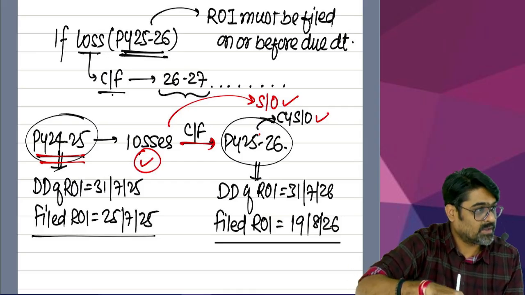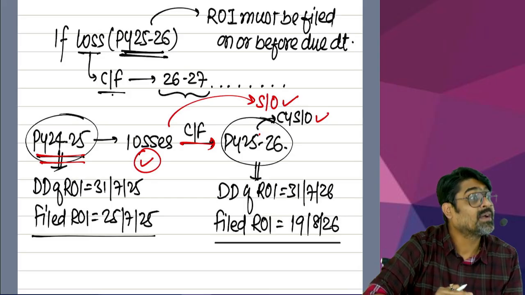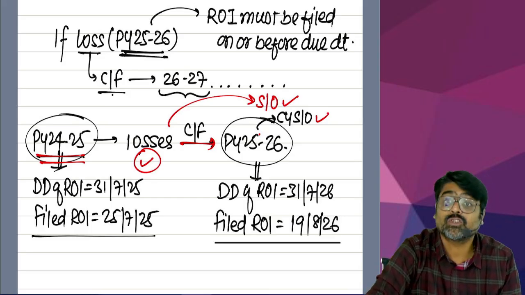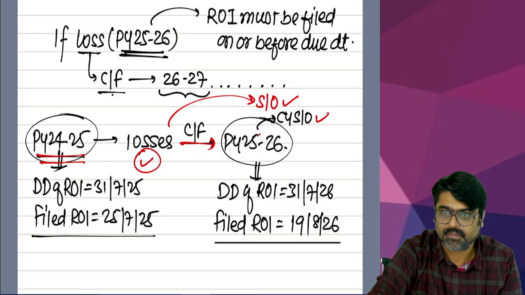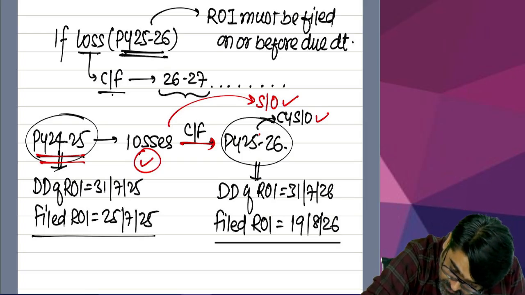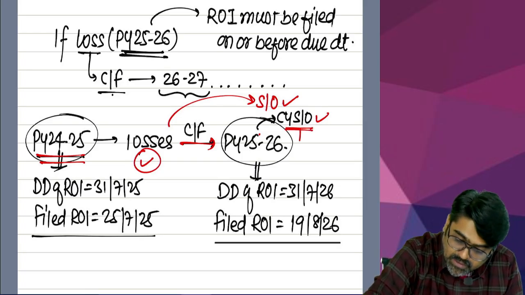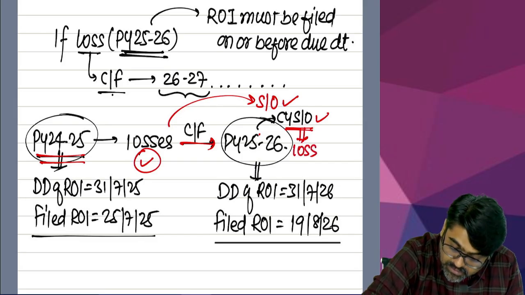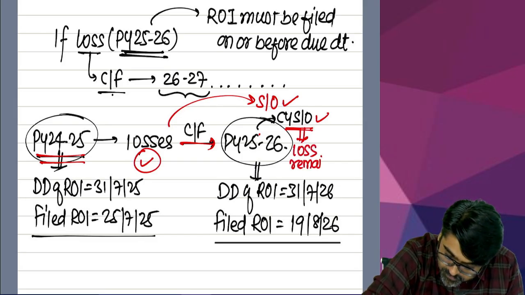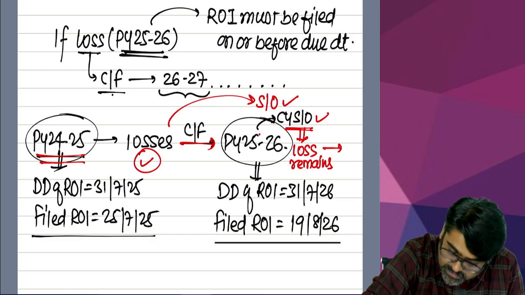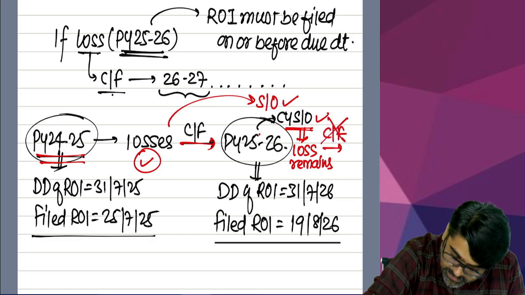So losses of this year will be adjusted within the head to head. That will not be stopped. Getting my point? But after doing current year set off, whatever loss remains, that remaining losses could not be carried forward.